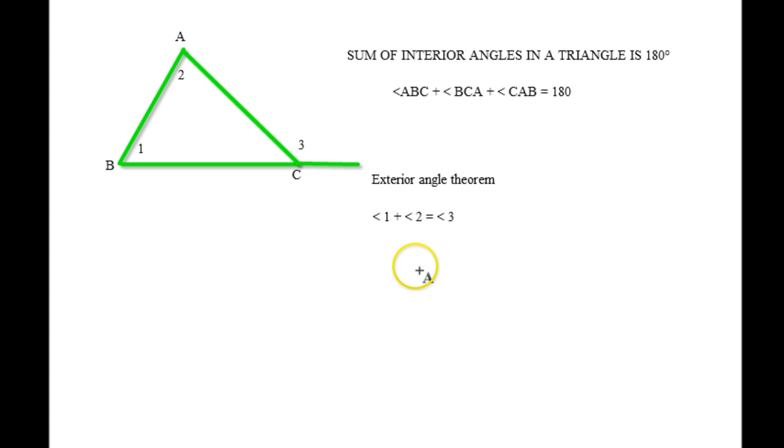And that's an amazing coincidence. It's just a really cool thing to know that these two angles inside of the triangle, and these are called remote interior angles, will equal the exterior angle. Okay, so that helps out with that definition.